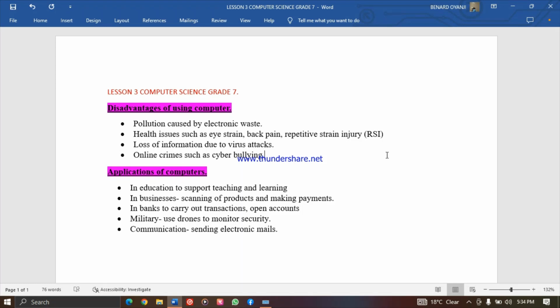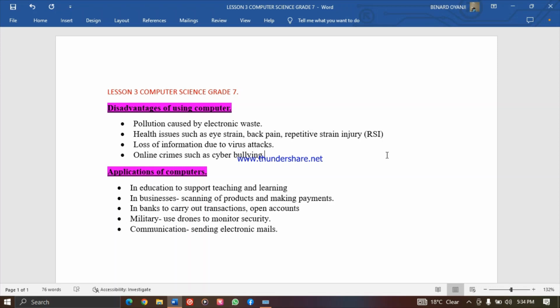This might cause loss of information, loss of data, so this becomes a problem. So you have to be aware that when you use a computer, there can be a problem of virus attacks, though our computers have been fitted with firewalls and many other preventive measures.